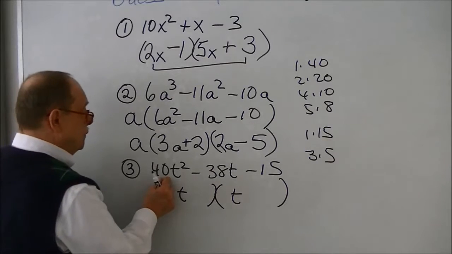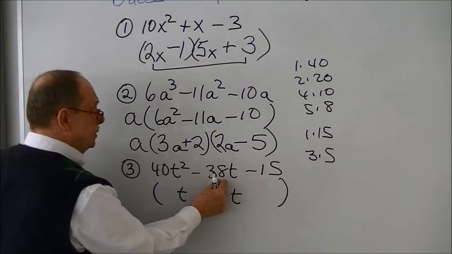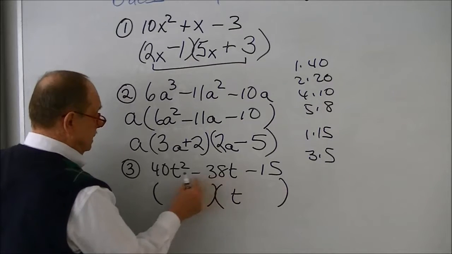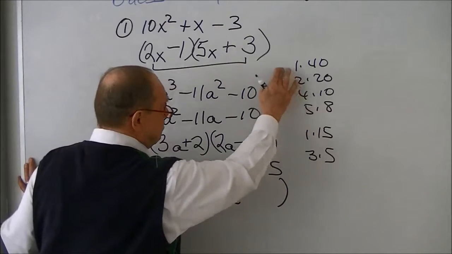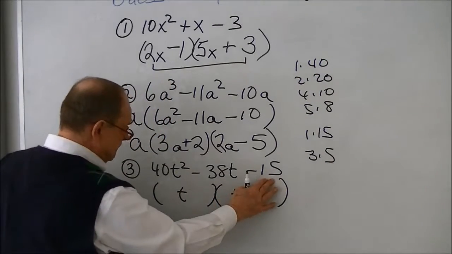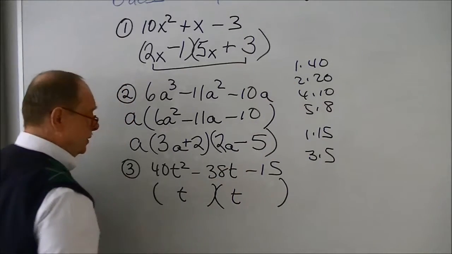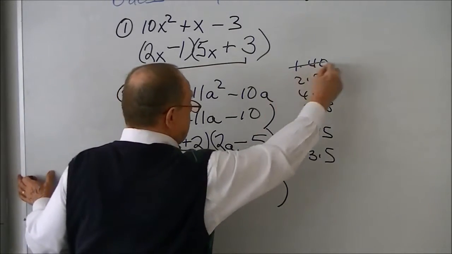Now, since I have a 40 here and this is 38, I might consider the 1 and the 40, but because this is 15, I don't imagine any combinations that's going to give me a 38. So I'm going to eliminate this one.